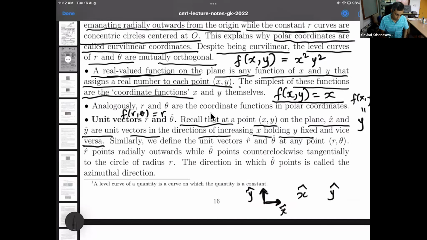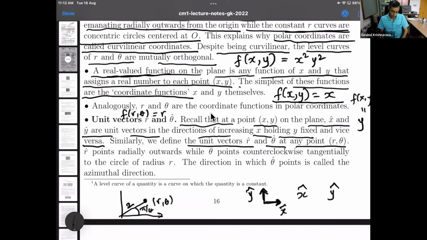Similarly, we would like to define the unit vectors r hat and theta hat at any point r comma theta. So given a point in the plane, it has some r and theta coordinates. r may be, let's say, 2, and theta may be pi upon 4. Okay, so that gives you this location. At that point, we want to define r hat and theta hat.